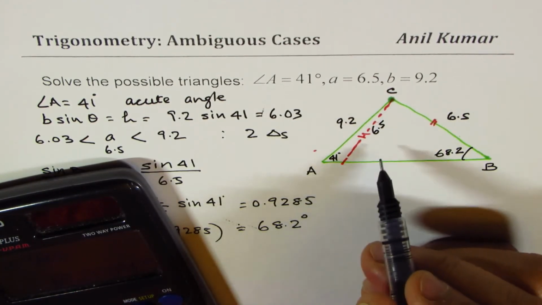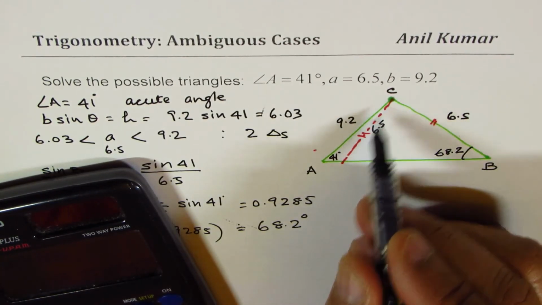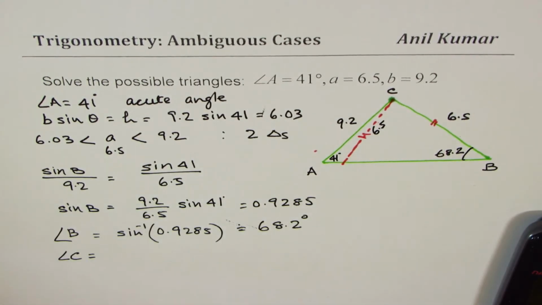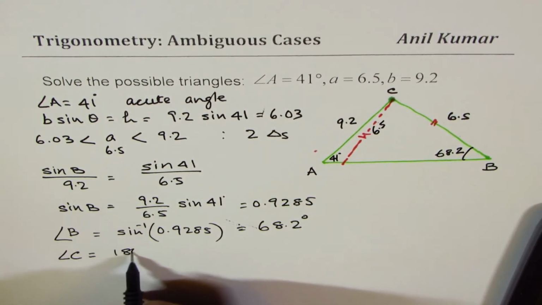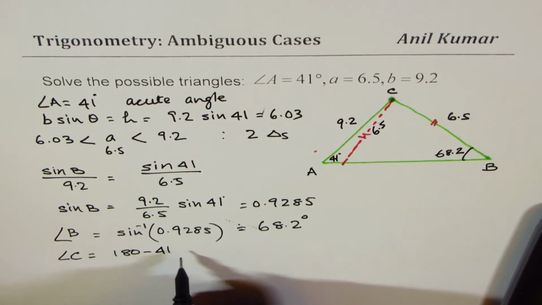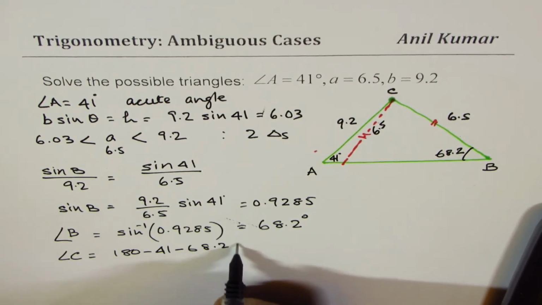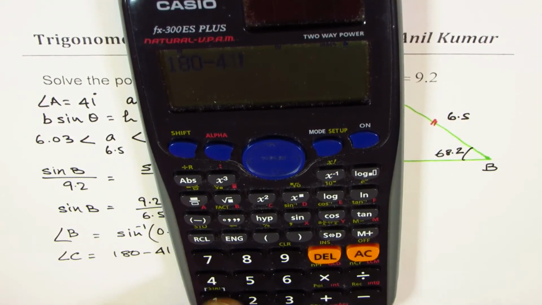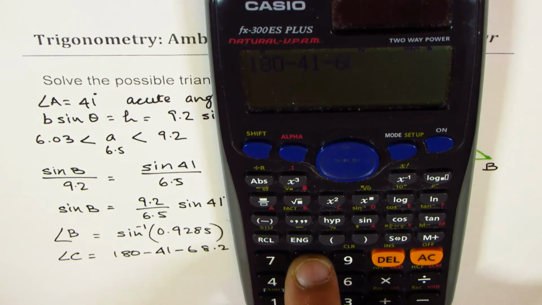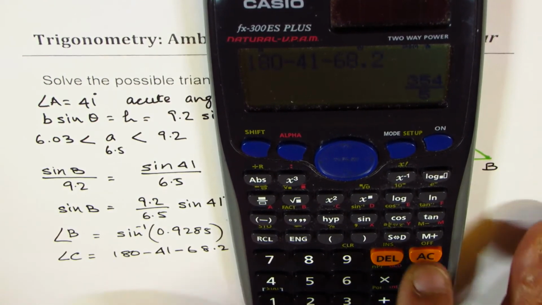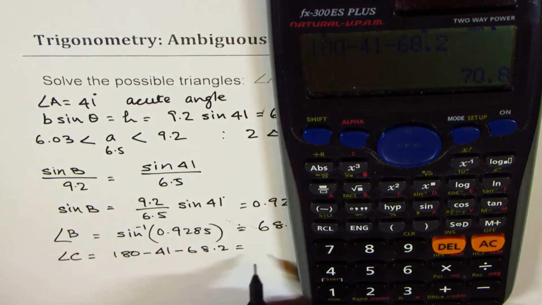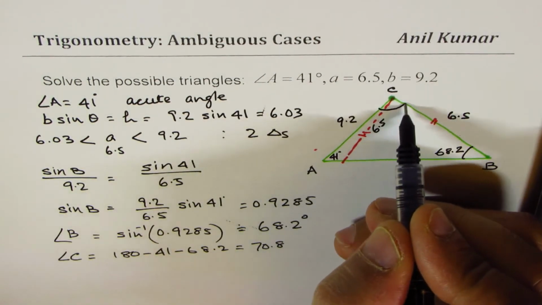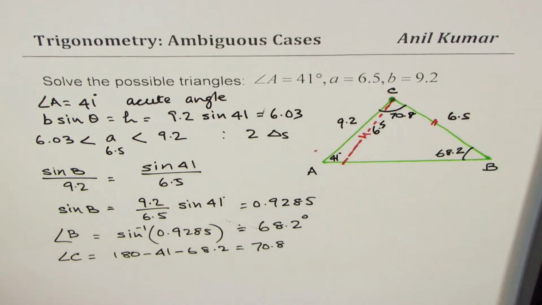Now, we have two triangles. So let's first solve the big triangle. In the big triangle, angle C is equal to 180 minus 41 minus 68.2, which in decimals is 70.8.